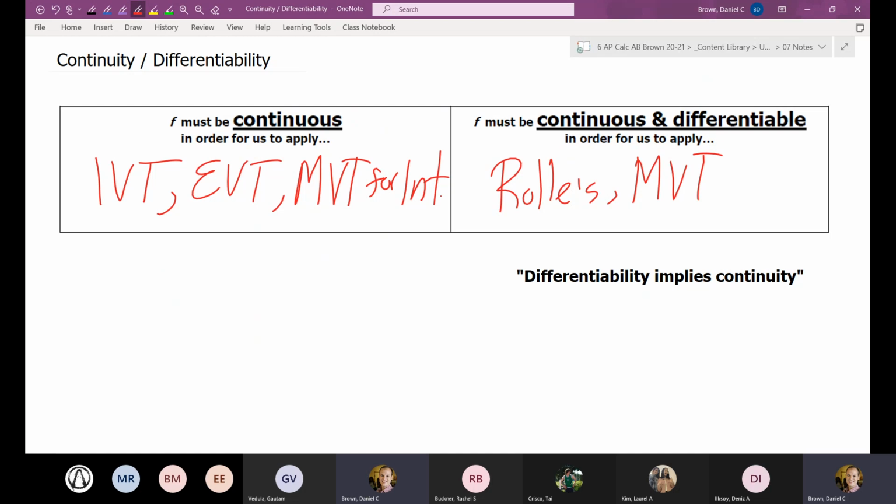More and more recently on the AP exam, I have been seeing that when they give you their given information, they just tell you that the function is differentiable, and they don't mention that it's also continuous. And I often find students say, well, it says it's differentiable, but I need it to be continuous. If a function is differentiable, then it also is continuous. It can't be not continuous and also differentiable. So I have this statement on here, which seems like a really short statement.